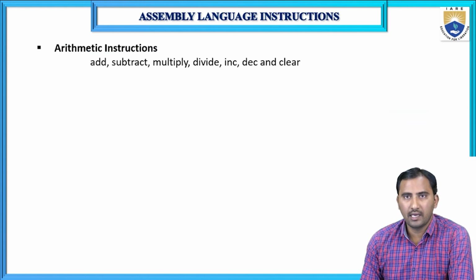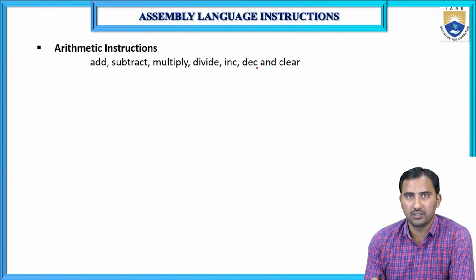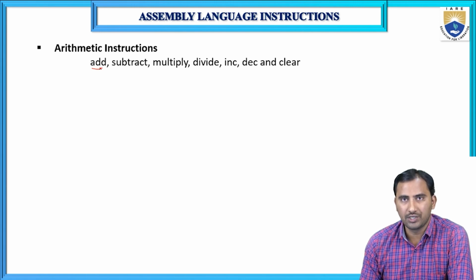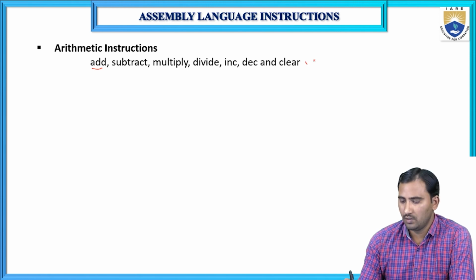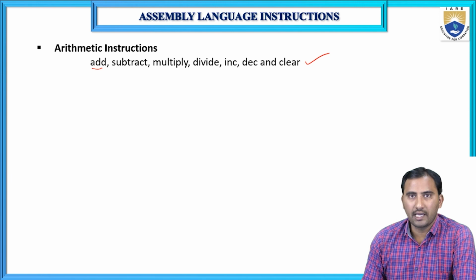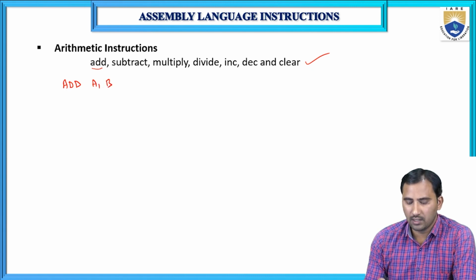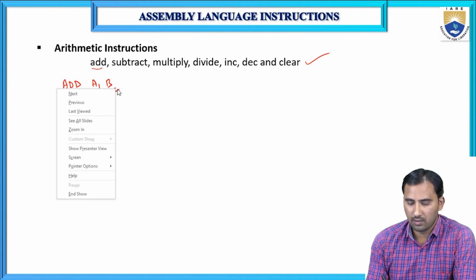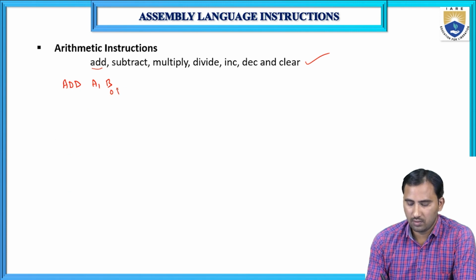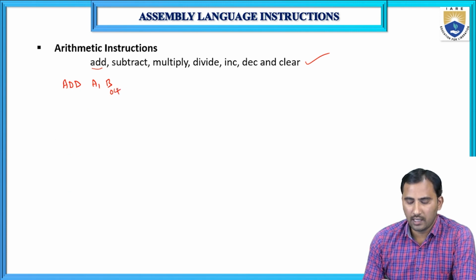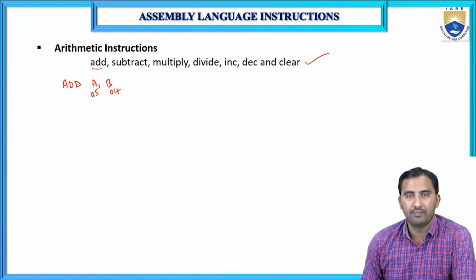If you take the arithmetic instructions, these are the different instructions: addition, subtraction, multiplication, division, increment, decrement, and clear. Suppose you take an addition operation, then it will add like this: ADD A, B. The B register has some value, 04. Similarly, the register A has 05.